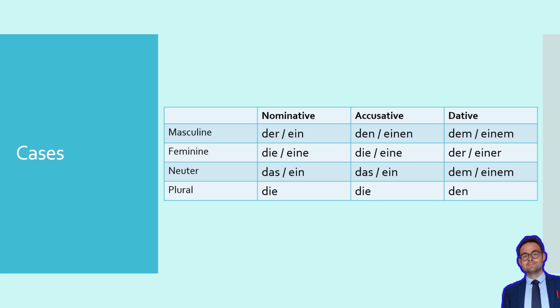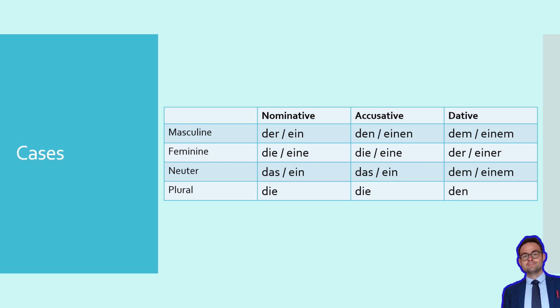Basically, if a noun is in the nominative case, so if it's the subject, like the boy is tall, the girl is clever, the child is sweet, then you're going to use the nominative. If it's the direct object, so I have a brother, I have a sister, I have a child, then you're going to need the accusative case.